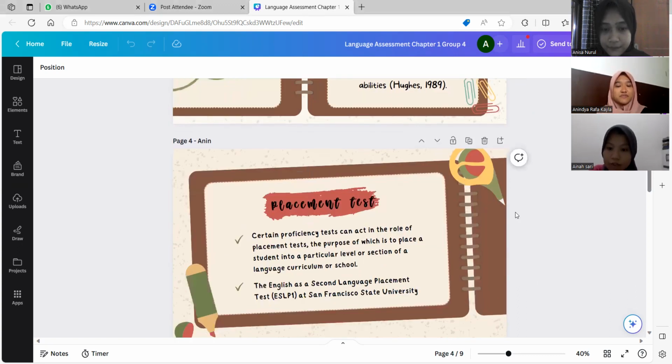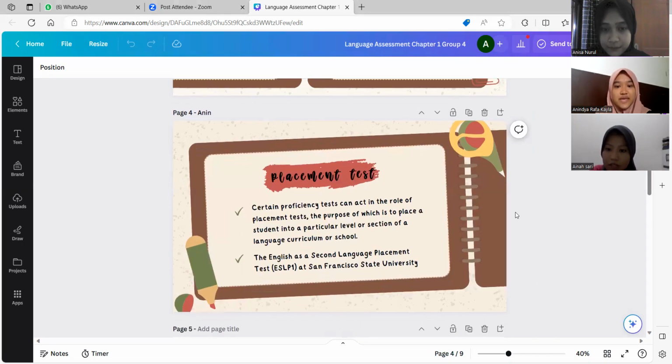So everyone, a certain proficiency test can act in the role of a placement test. The purpose is to place a student into a particular level or section of a language curriculum or school.